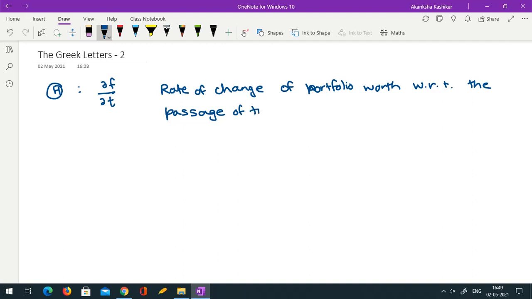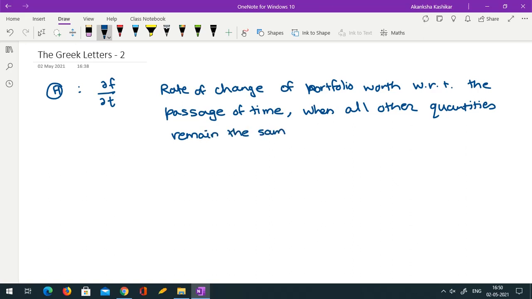Of course, in all these derivatives, these are all partial derivatives, so the other quantities are kept constant. This theta is also known as decay of the portfolio or time decay of the portfolio.